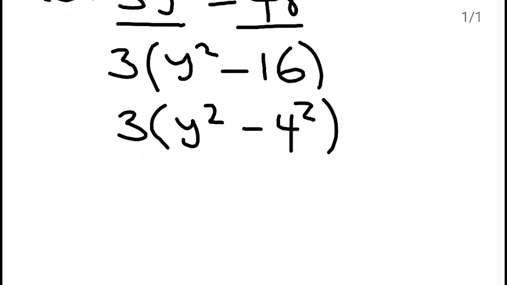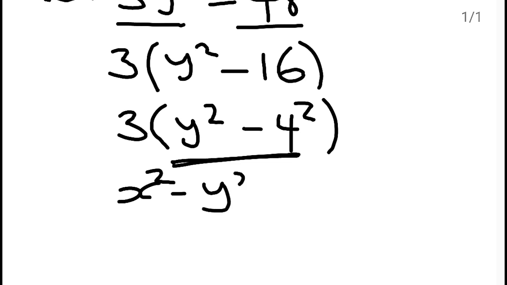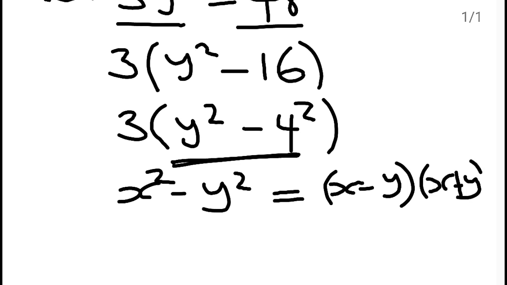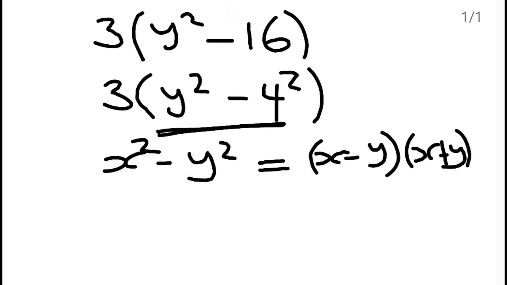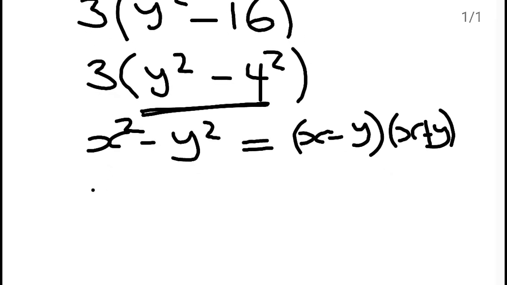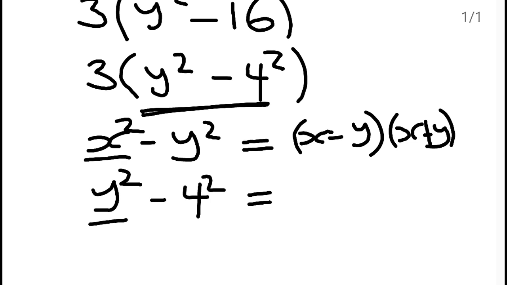So we're now free to compare the expression in the bracket with x squared minus y squared equals x minus y times x plus y. So let us compare. Here we shall have y squared minus 4 squared, which will be the same as, remember where there is x, here there is y.